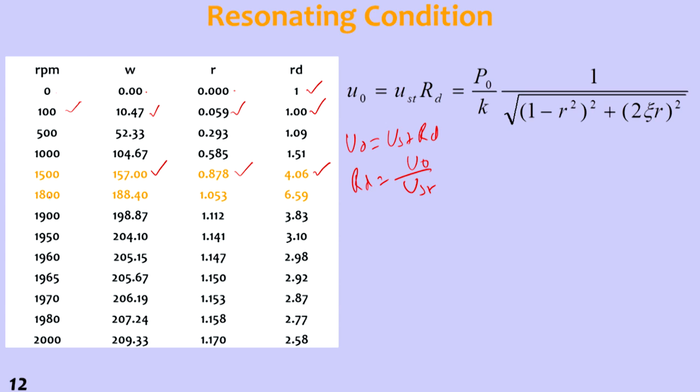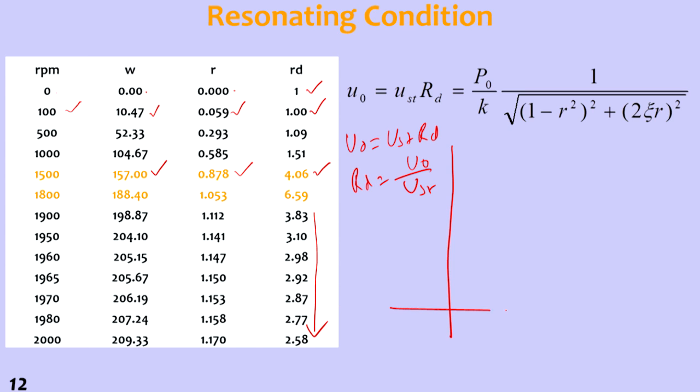When it comes to 1800, omega is 188, and r is 1.053. So in between, something is happening. A resonating condition happens, but immediately after that the displacements have reduced. Before that, the displacement and amplification are higher, but in the reducing path they come down.